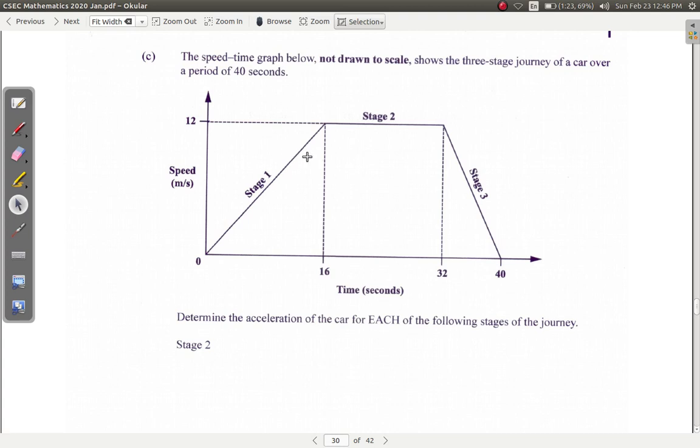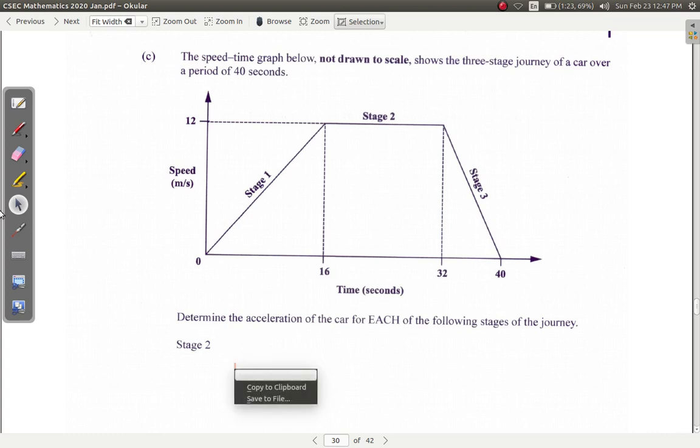Alright, remember, acceleration is really change in velocity per unit time. Change in the velocity divided by time. Now, if you consider stage 2, there's a change in time.